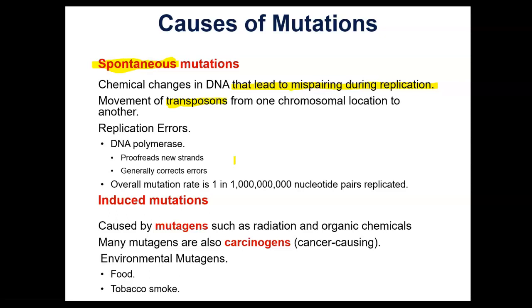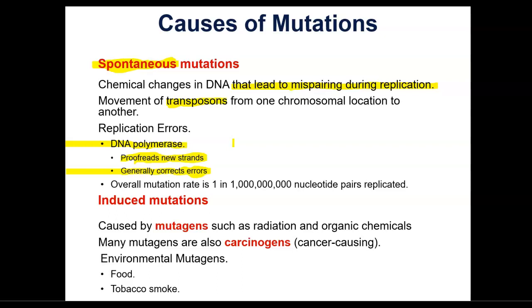So DNA polymerase not only adds nucleotides to the old strand, forming a new strand, as it does that, it proofreads the new strand. And it will find errors. So say there's one error in every 100,000 bases, it will find those errors, and generally it will correct those errors using DNA repair enzymes, I think is what they're called.